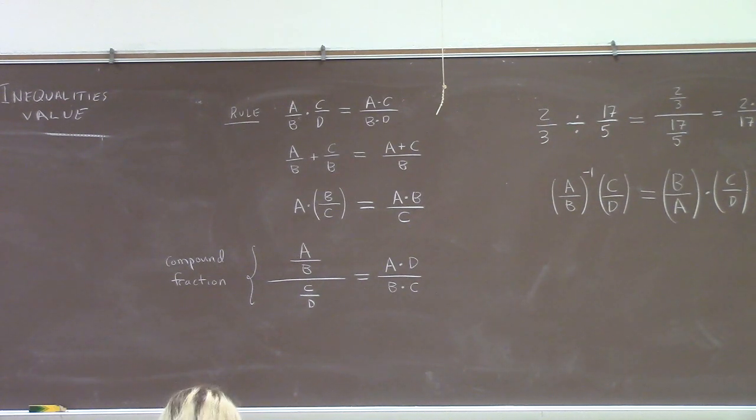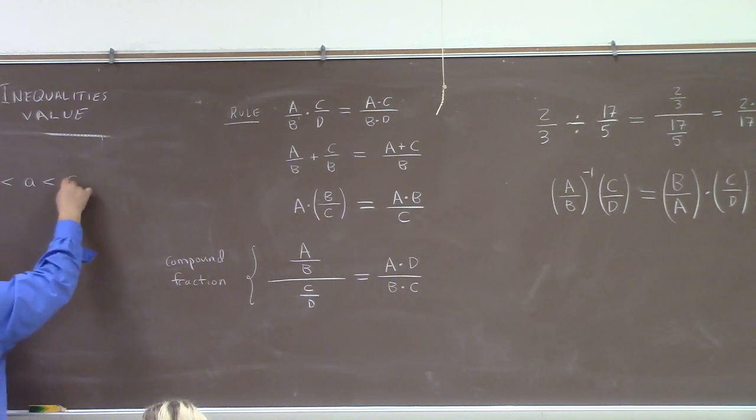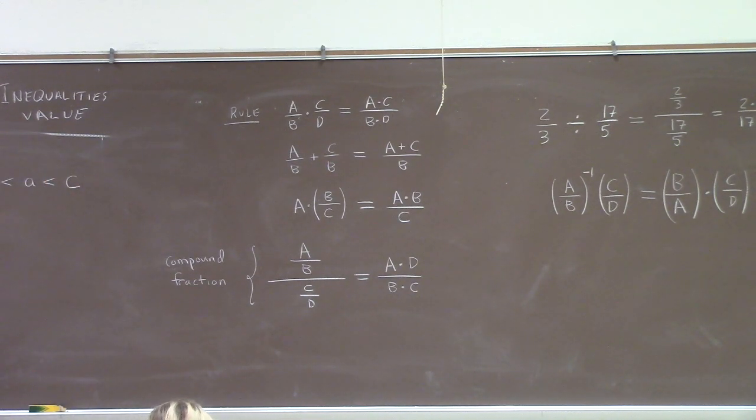If we have the absolute value of A less than C, you can trade that for minus C less than A less than C. That's how that works.